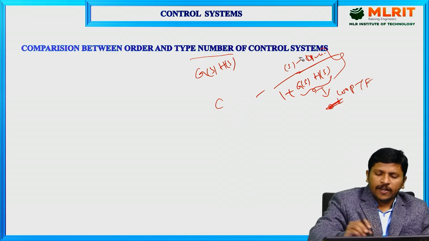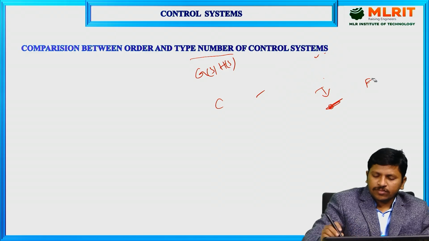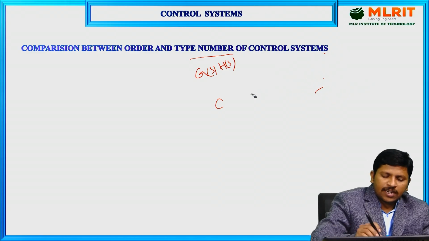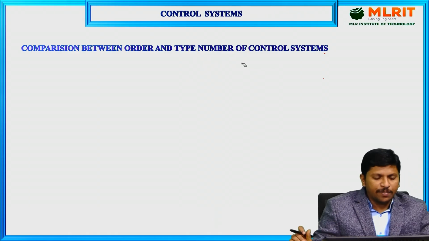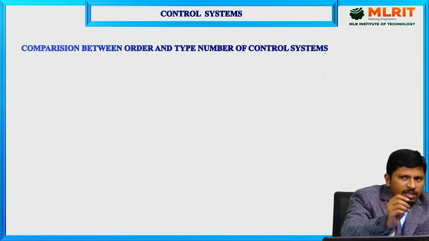Okay, next I am going to consider some examples, and we are going to determine the type number as well as the order of the system.